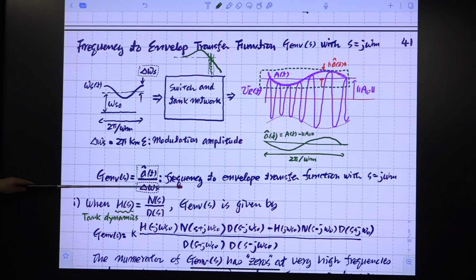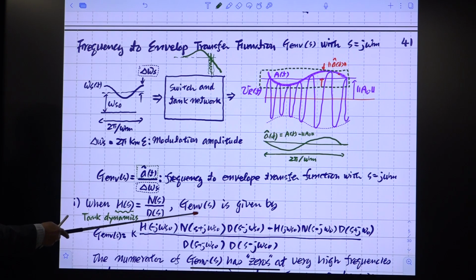So omega m, okay? Then what is the relationship between H(s), which is the tank transfer function, and G_ENB, which is the frequency to envelope transfer function? It has a very long story, a very complex derivation using Bessel function analysis and phasor analysis, and the conclusion of that result was this.